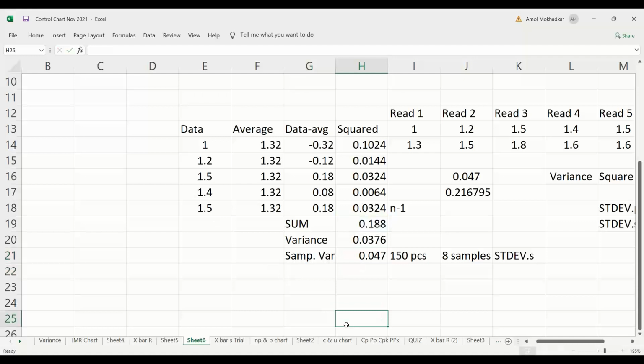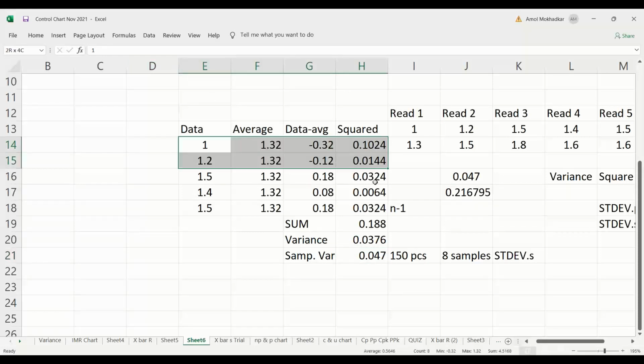The average of this one is 0.0326, but it is not from the entire population. It is on a sampling basis. That's why you are going to divide it by n minus 1. If we divide by 4, the value will come 0.047.